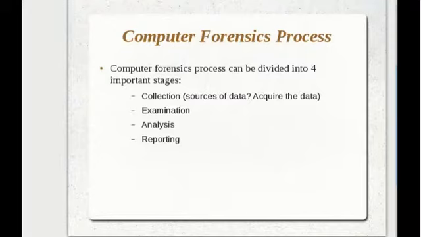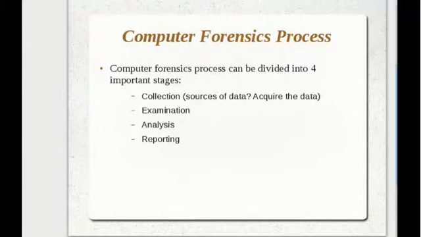As you can understand, a variety of data sources are available. For example, electronic devices, digital devices, such as the hard drive, the USB or flash drive, the CD, DVD, and even the network information. There are many possible sources from where you can acquire the data.